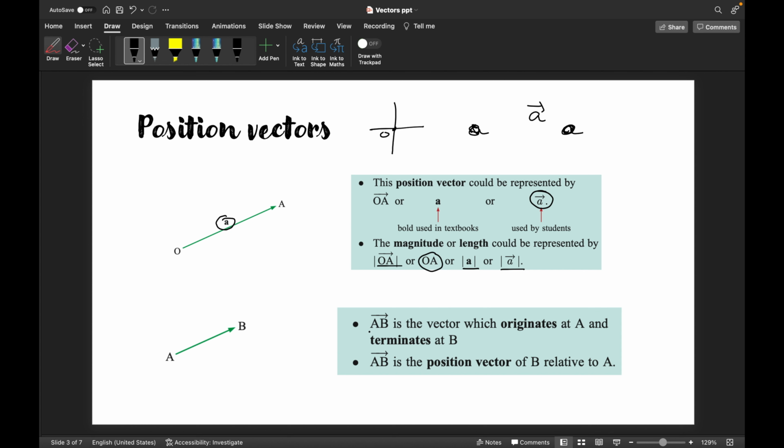And now we're going to look at AB, which is the vector AB. It's the vector which originates at A and terminates at B. Like I said, this would be the tail and this would be the head.